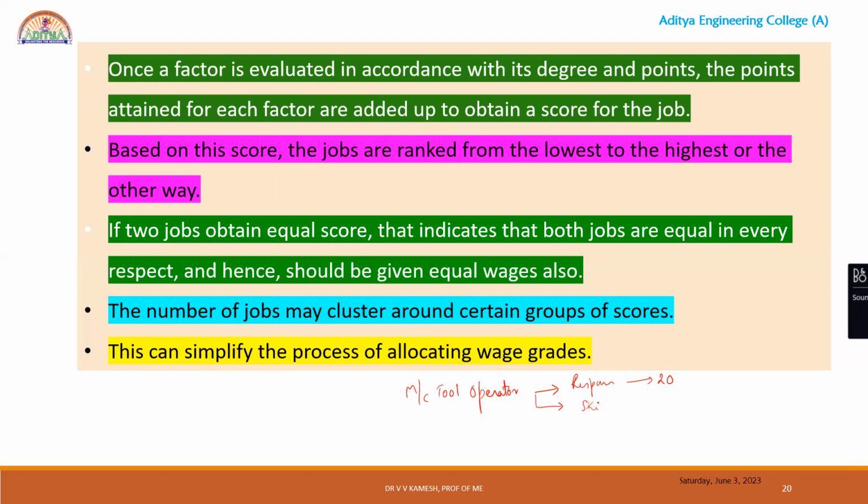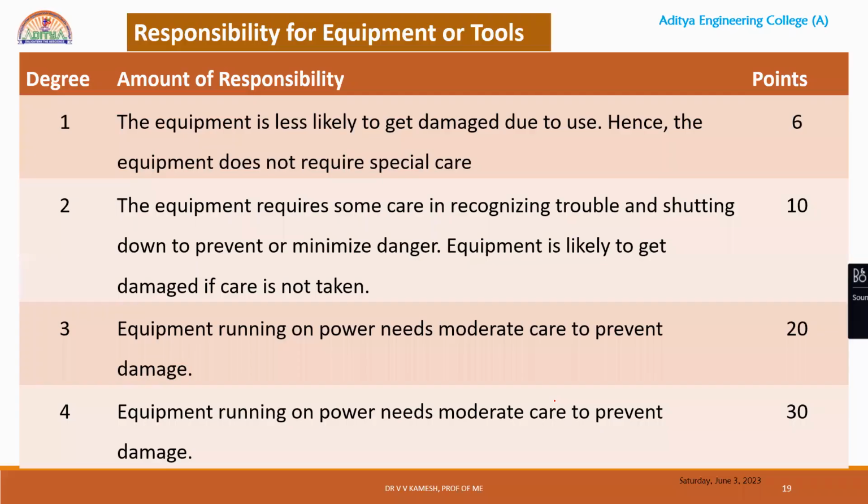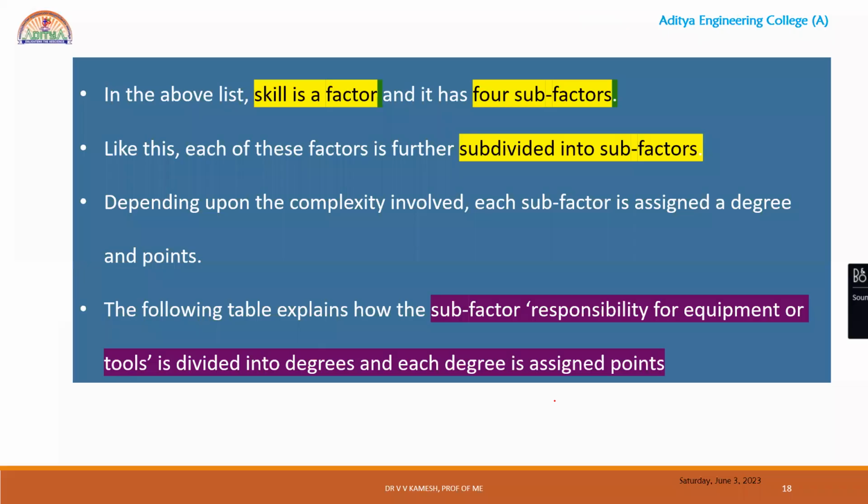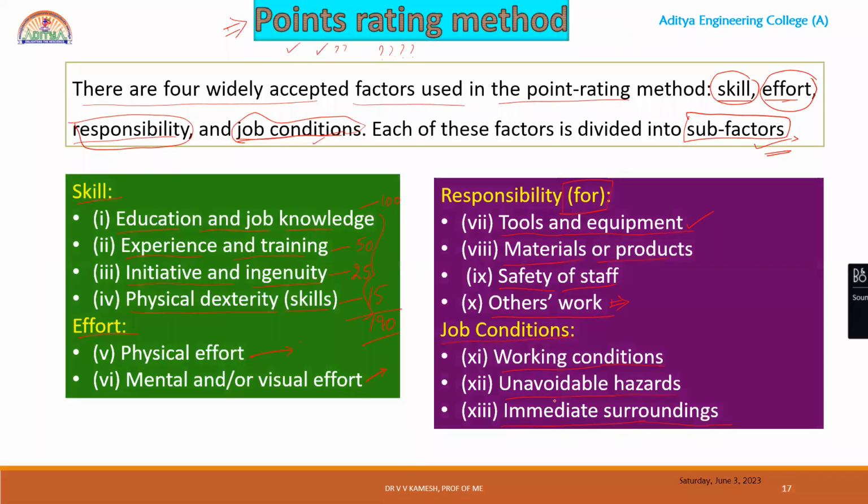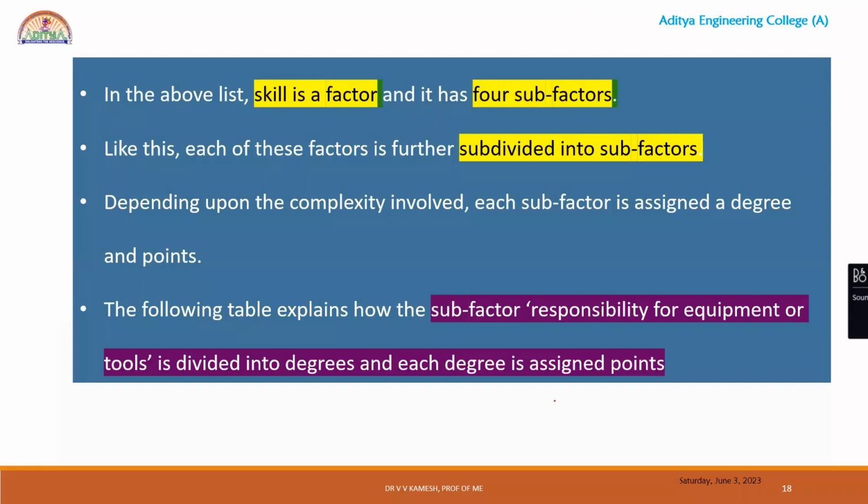And another subfactor. Suppose the skill, it may be having some 35 points, right? And there may be some other thing, effort. Moderate effort may be required, so 15. Okay. And the fourth one we can take. So skill, effort, responsibility, and the job condition.